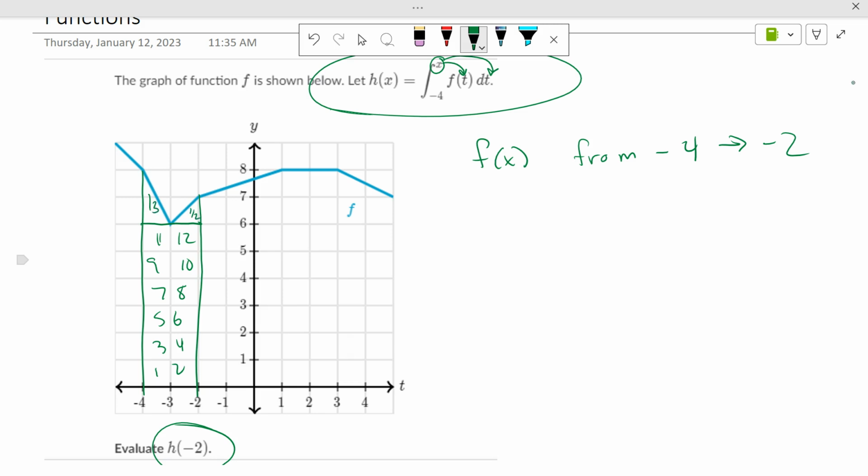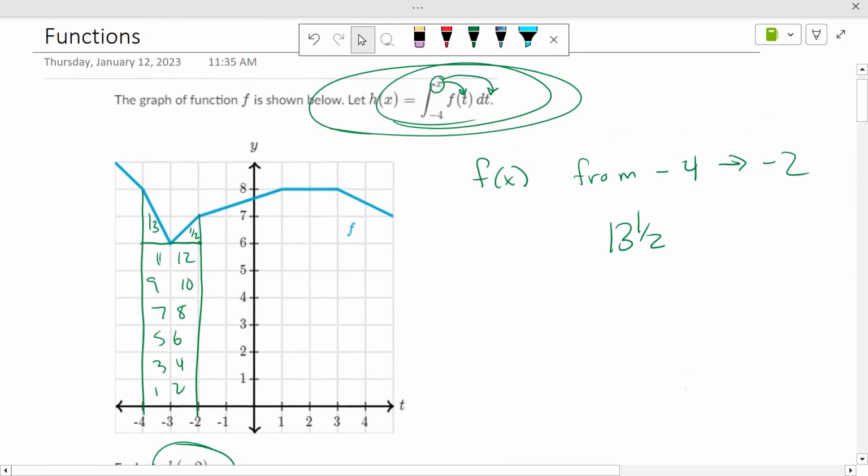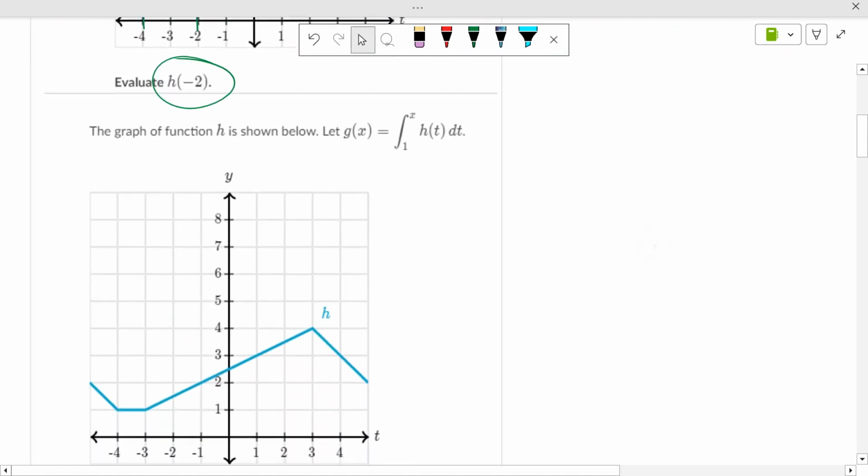So if this is 12, this is 13.5. The fundamental theorem of calculus allows you to find the area under the curve from certain points using an integral. We'll get more into integral notation and how integrals work later this week. But that would be 13.5.